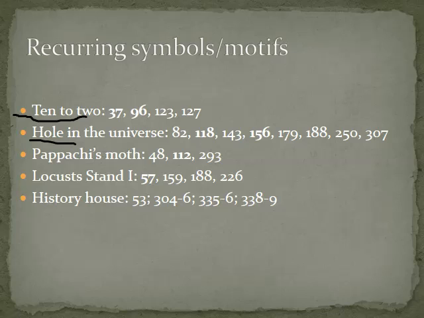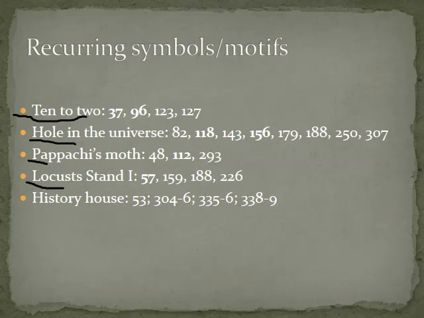One group's going to work with Papachi's moth. So what is the significance in terms of the family heritage? What does it mean, the idea of Papachi's moth throughout the text? One group is going to deal with the idea of Locusta Stand I, which obviously we talked about before is a misappropriation of a Latin phrase.